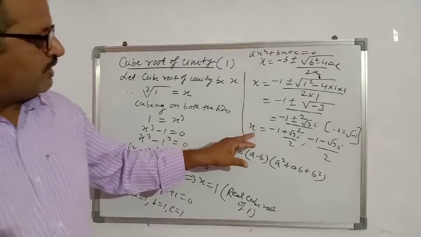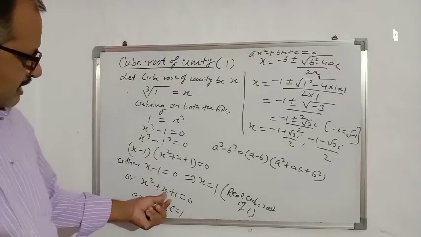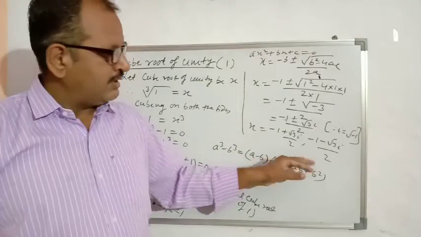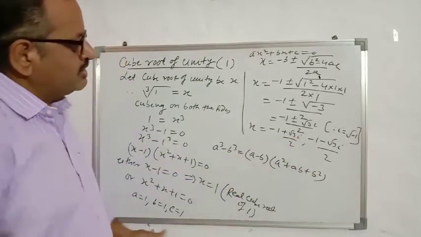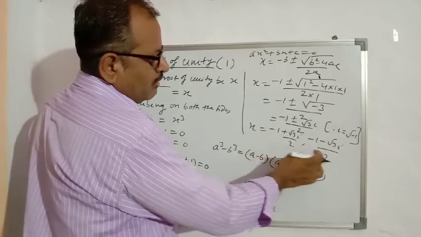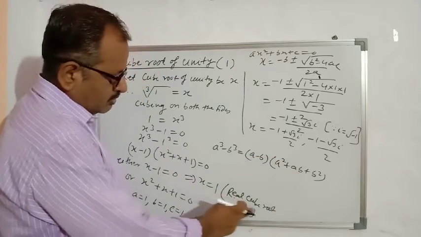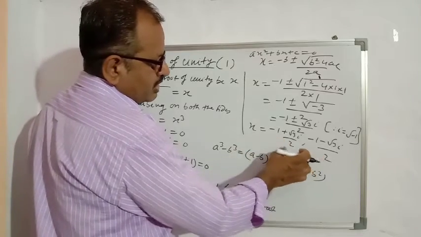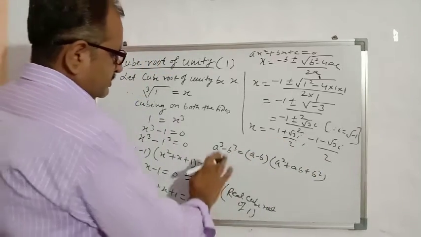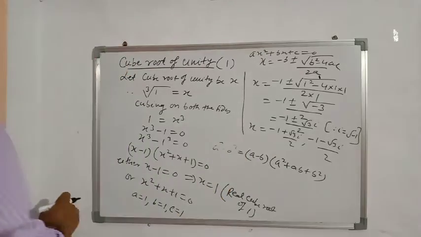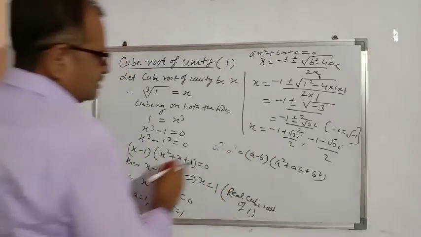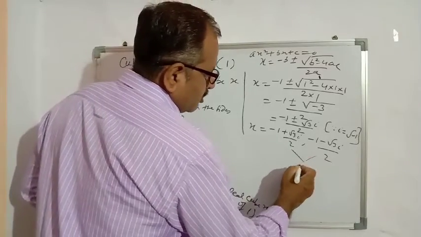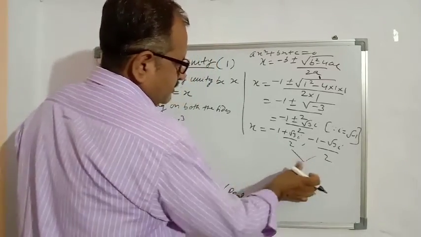So we are getting two values from this equation, x square plus x plus 1. But these values are not real, since i is there. It is a complex number. So one cube root is 1, that is the real cube root, but these two are complex cube roots.